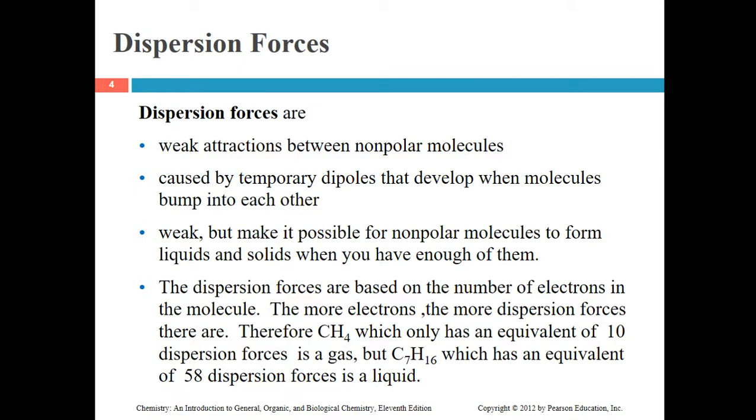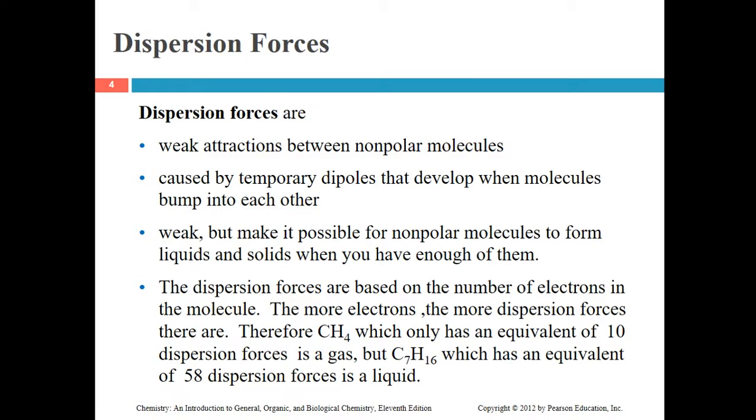And so it is a gas at room temperature. Whereas even though this particular C7H16, heptane, has only dispersion forces, because it's not an ionic bond, it's not polar, it's not hydrogen bonding.